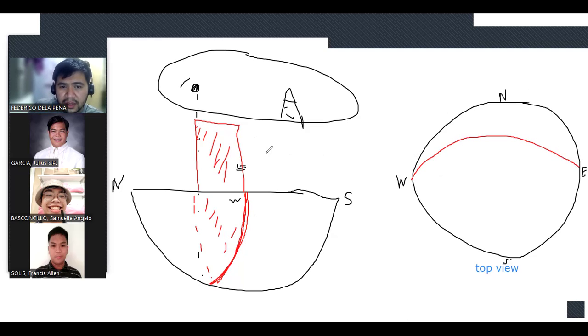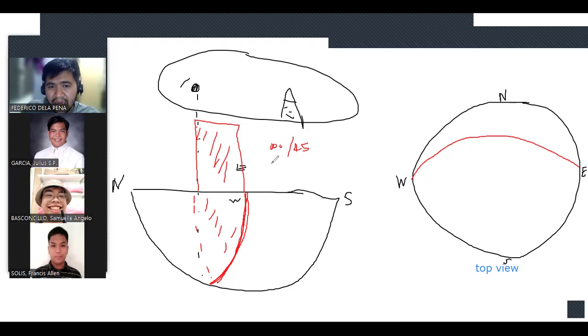Let's express this in dip direction and dip. So let's say this is 000, that's the azimuth, meaning due north, and then the dip angle is 45. That's how we write dip direction and dip in engineering geology.